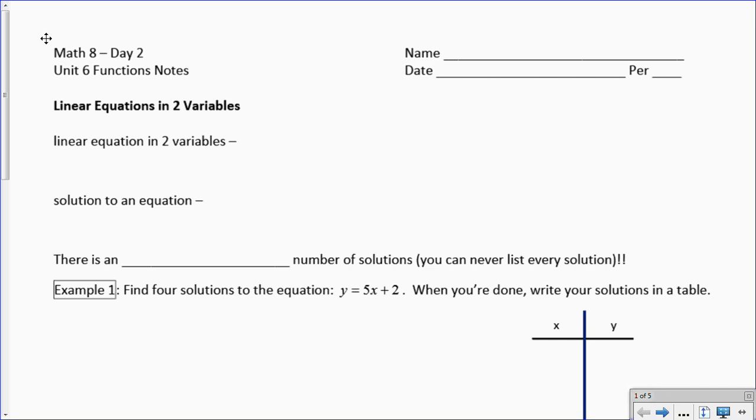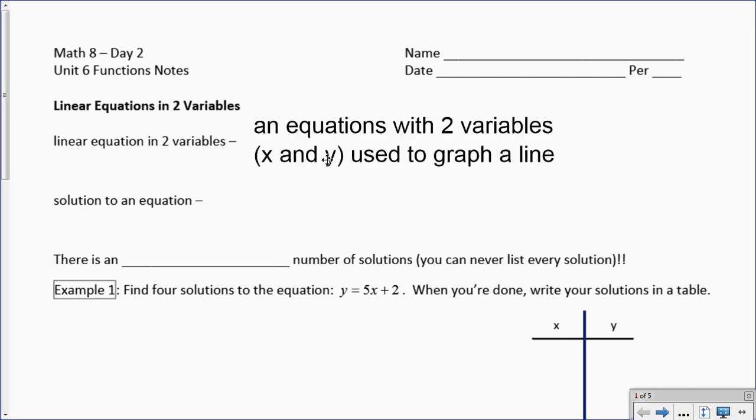Linear equations, especially linear equations in 2 variables, are equations that have 2 variables, obviously. Those variables are going to be x and y, and we use them to graph a line. We're not going to get into graphing lines yet. We're just going to get familiar with these kind of equations. Because it has 2 variables, our solutions are going to consist of 2 numbers as well.